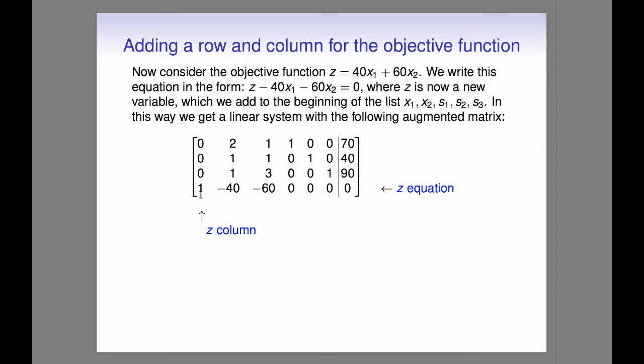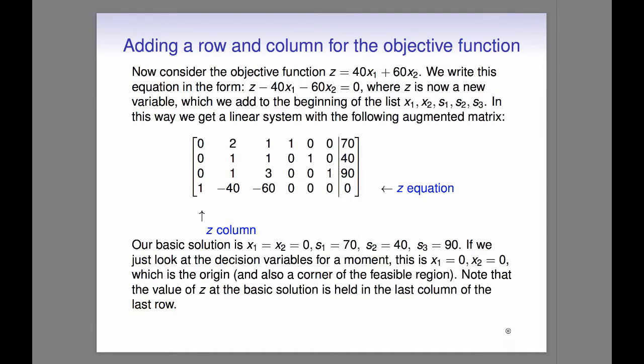Here, this is the z column, and this last row is the z equation. The basic solution that we have, x1 equals 0, x2 equals 0, I just spoke about on the previous slide, this corresponds to the origin. And the number that's in the bottom right-hand corner is the value of z at that point.